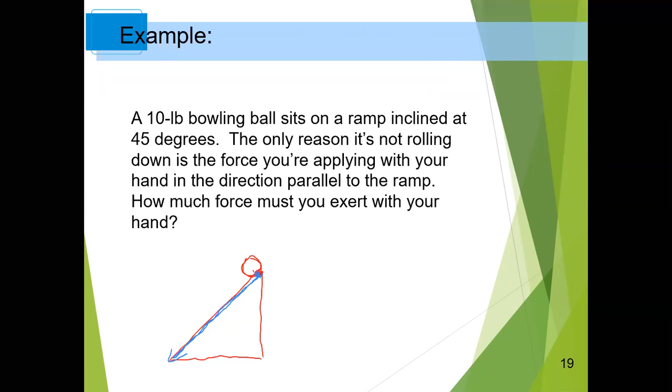Then I'm going to have to figure out, so first of all, you know something about this thing. So this is pi over 4. This ball exerts a force in a direct downward direction. What's the force in the direct downward direction? What's that, Daniel? Yeah, that's 10 pounds. Okay.